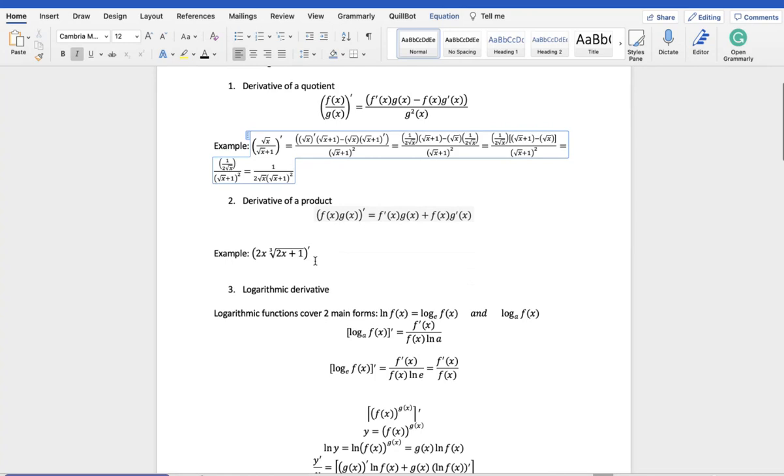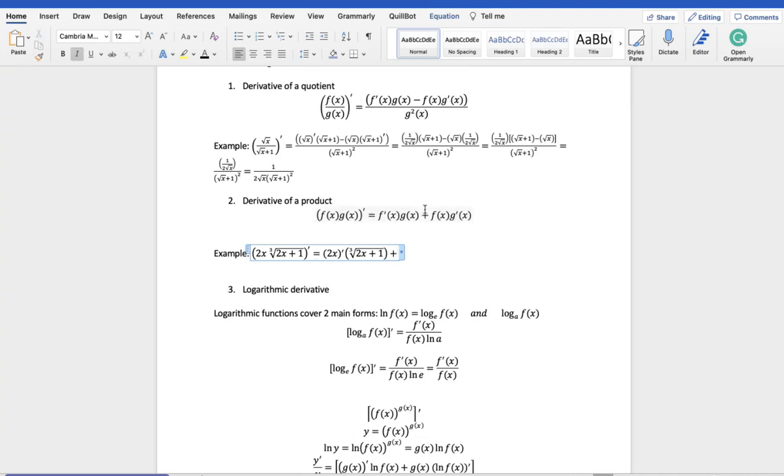So now looking at the example for the product rule. So we have 2x multiplied by the cubic root of 2x plus 1, and we're trying to find that derivative. So if we apply the product rule here, it tells us that we first have to find the derivative of 2x, multiply that by the cubic roots of our 2x plus 1, plus, right?